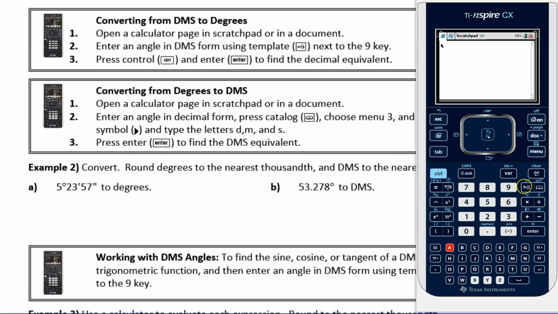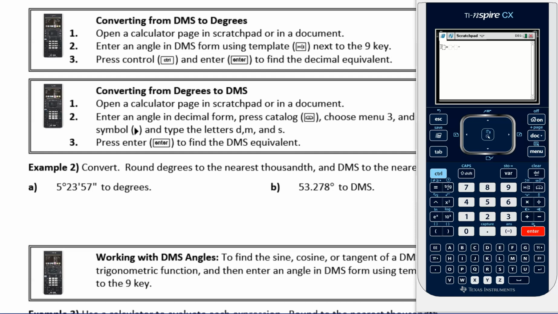It's next to the 9 key, so press that one right next to the 9 key, and we need to find the degrees, minutes, seconds template, which is over here. Press enter, and now you just enter the degrees and the minutes and the seconds in there. Let's go down to example 2.